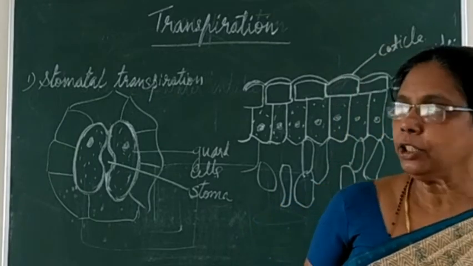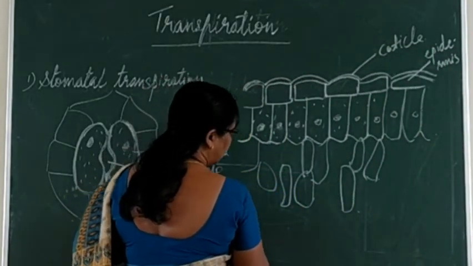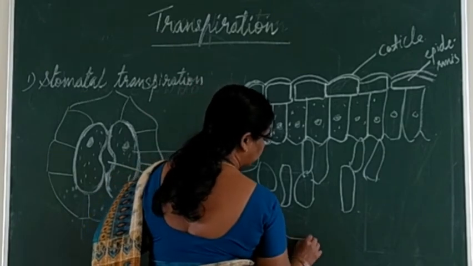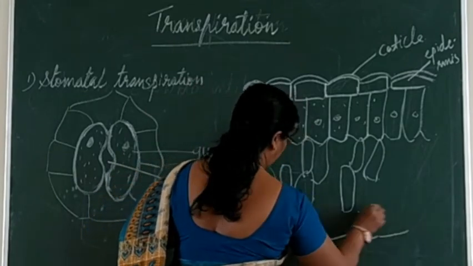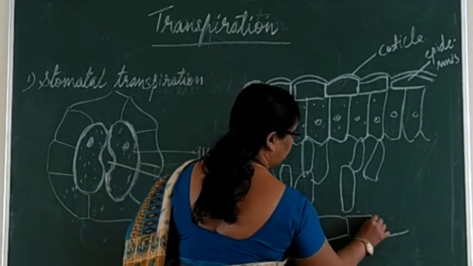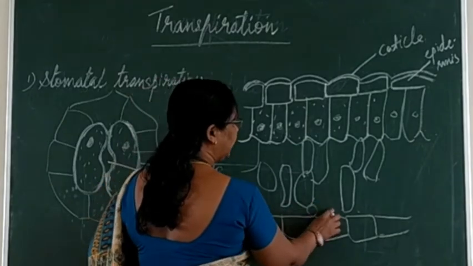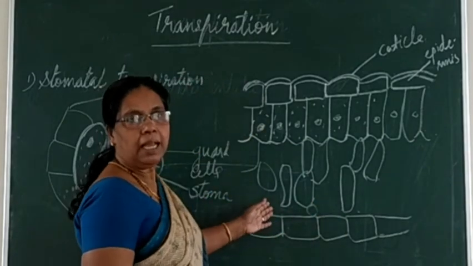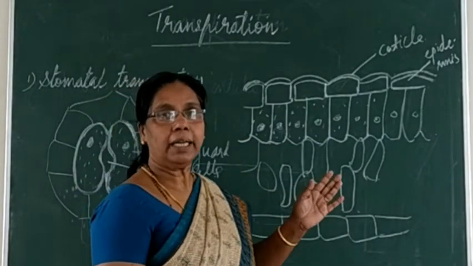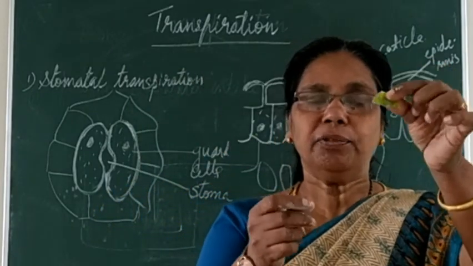Then after this layer comes the lower epidermis. So you can see the upper epidermis and the lower epidermis, both sides I told you. See, this is the part of the leaf here.